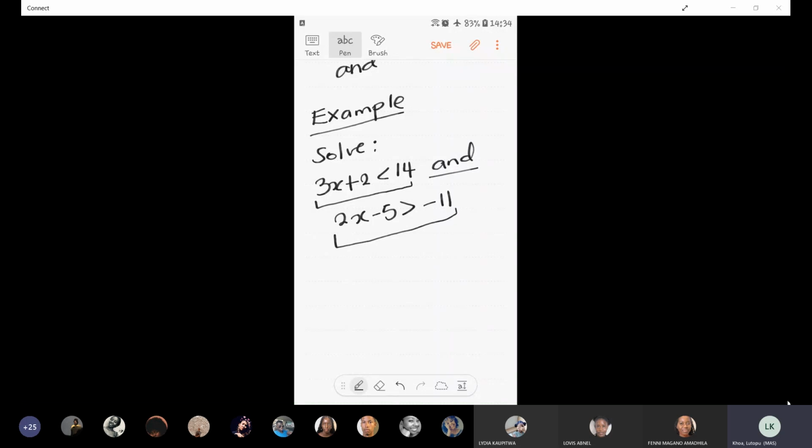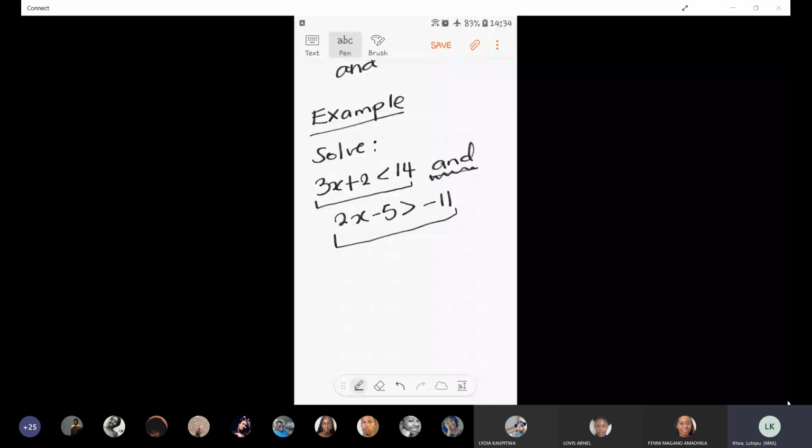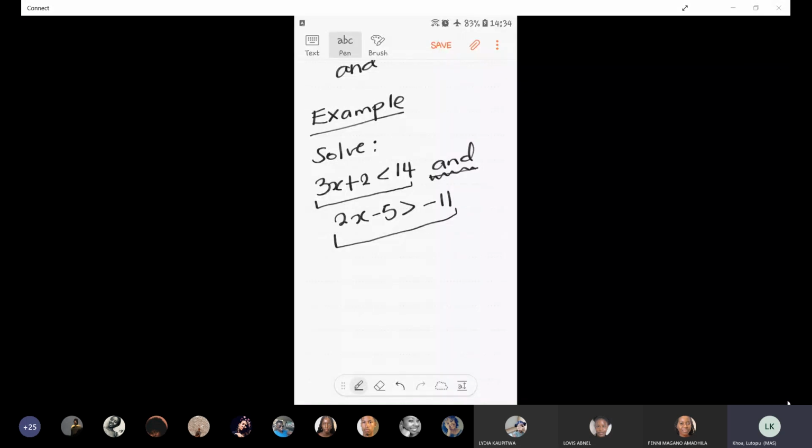So it must satisfy both of them. That's why we have and over here. So if it satisfies the first one only, that's not what we're looking for. If it satisfies the second one only, that's not what we're looking for. It must satisfy both of them. Okay, so we solve them, and then we will combine our solutions on a number line, and you should also be able to write this in interval notation.